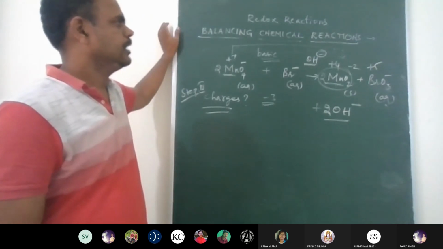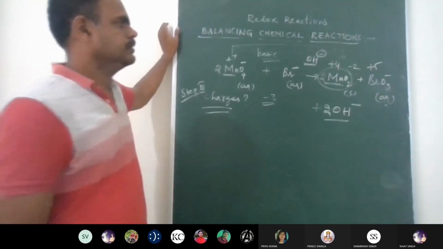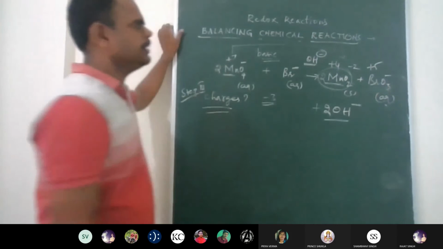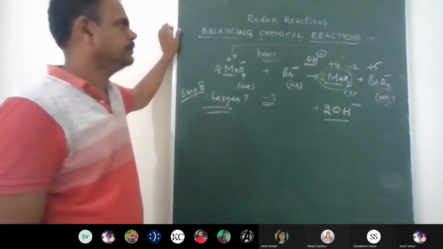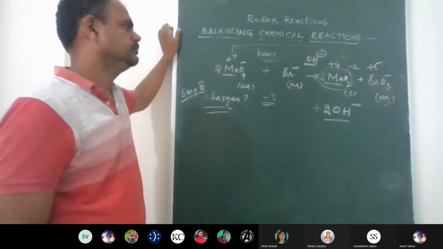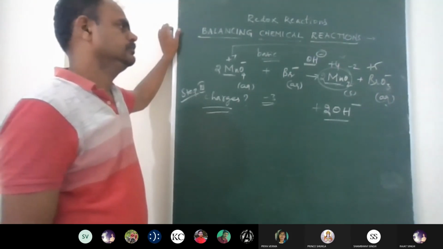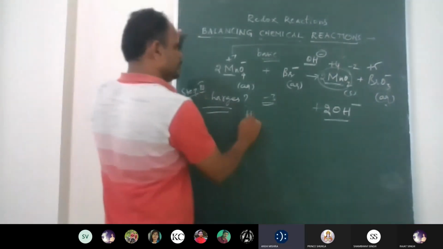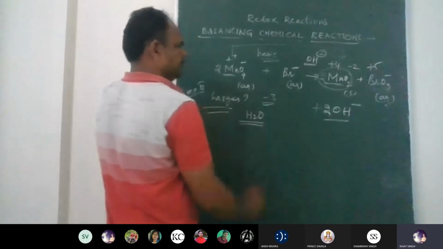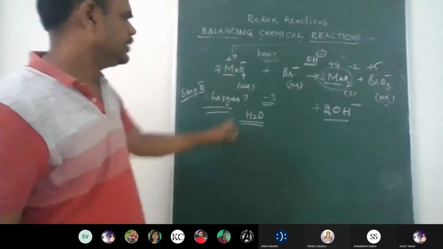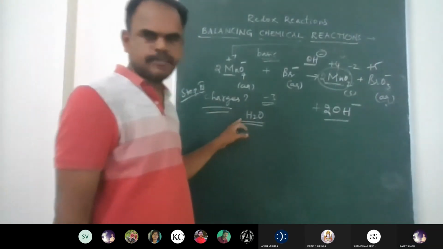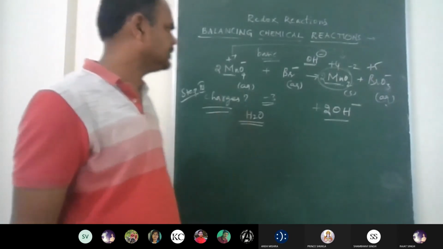What should we do? We should add water molecules on the left side. How many water molecules should we add on the left side? Tell me. 2 H2O, no? Yes, sir. If you add 2 H2O, oxygen atoms and hydrogen atoms are balanced.